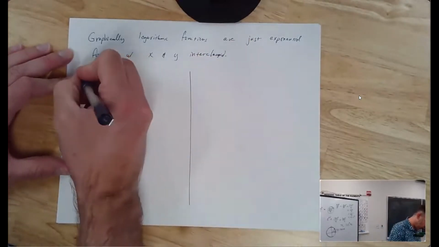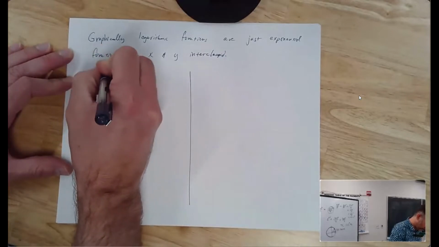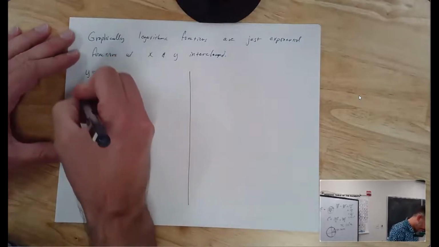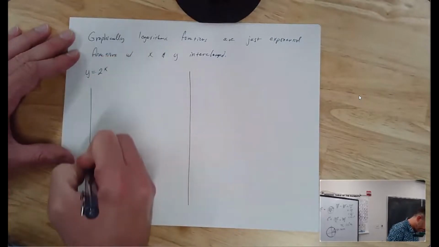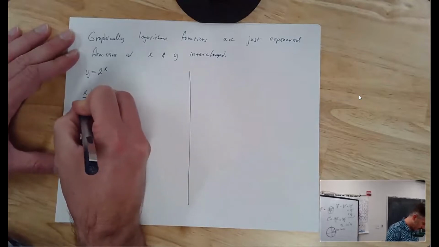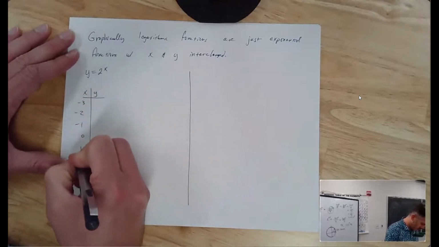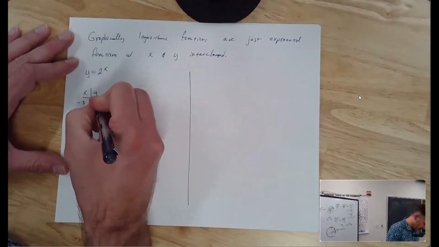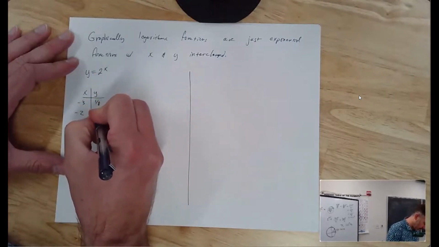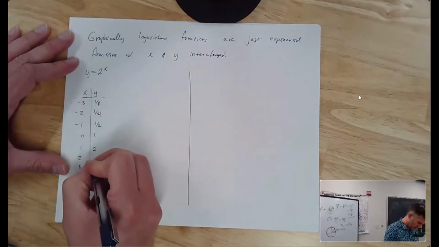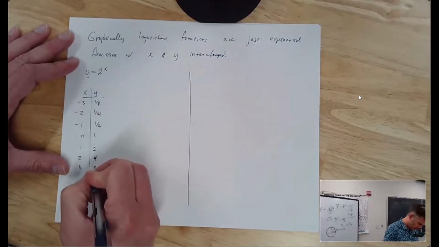So when we graphed y equals 2 to the x, we plotted some points. We had x being -3, -2, -1, 0, 1, 2, and 3. And the y values were 2 to the -3rd, which is 1/8, and then 2 to the -2nd, which is 1/4, 2 to the -1st, 2 to the 0th, 2 to the 1st, 2 squared, and 2 cubed.